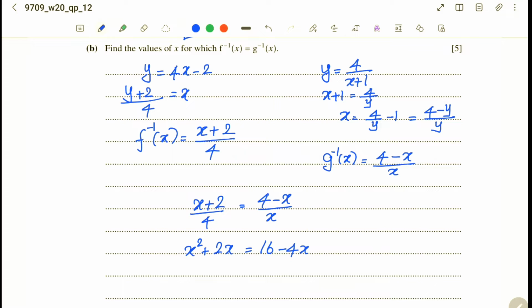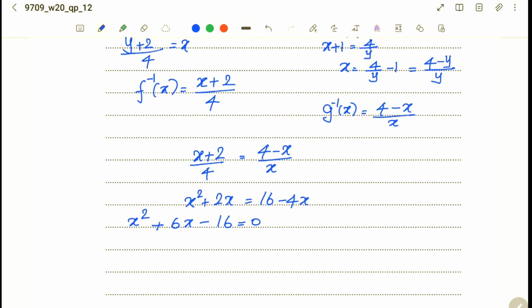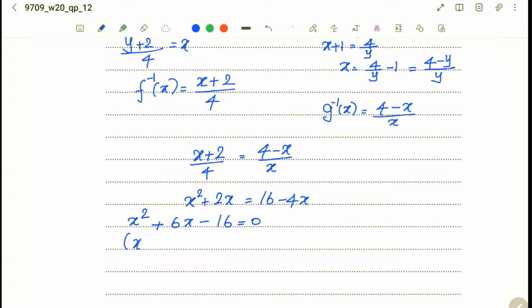Now bring all the terms into one side. We get x square plus 6x minus 16 equals 0. Let's factorize this one: (x plus 8)(x minus 2) equals 0. So x equals 2 and negative 8.